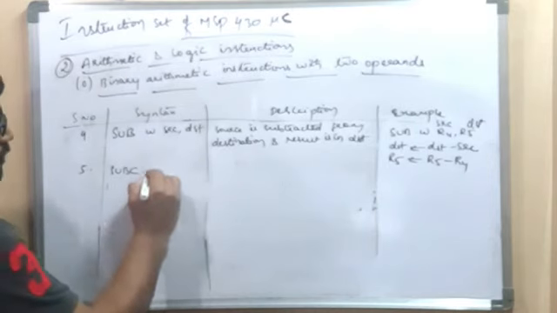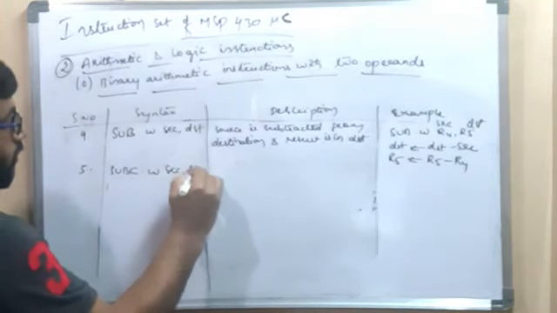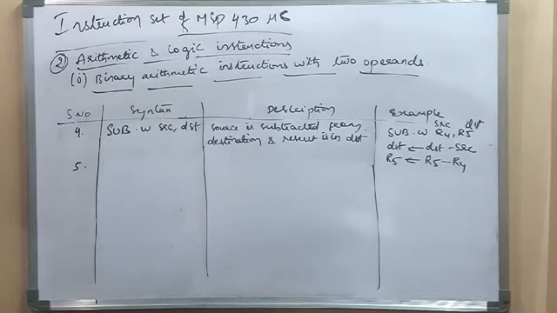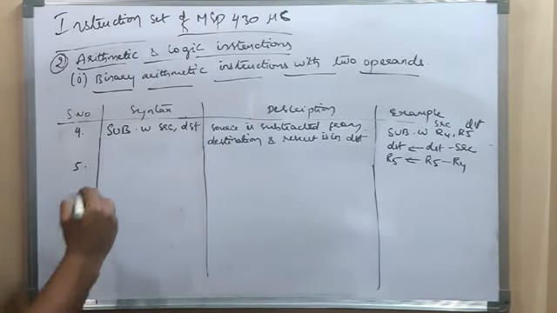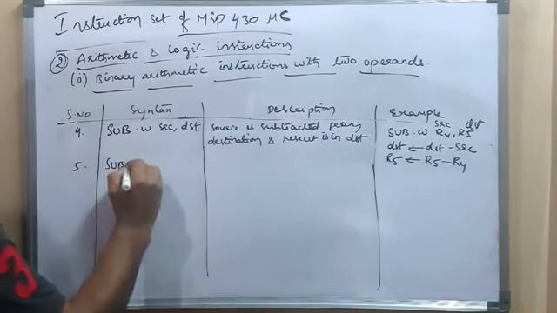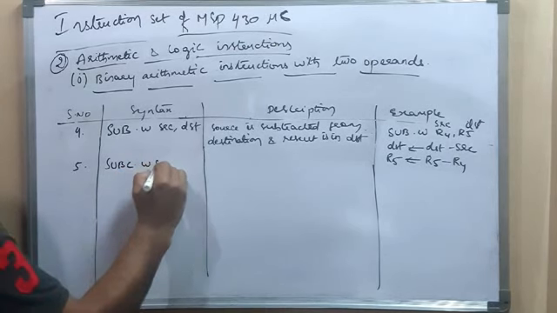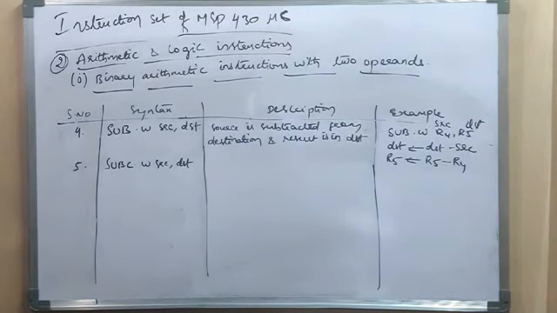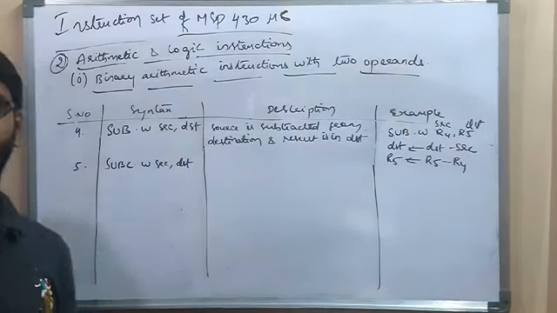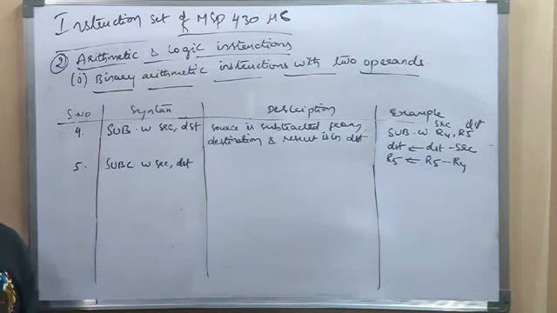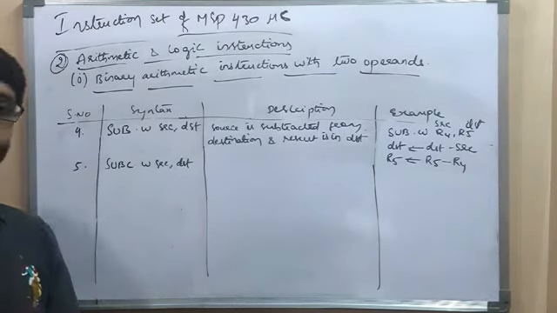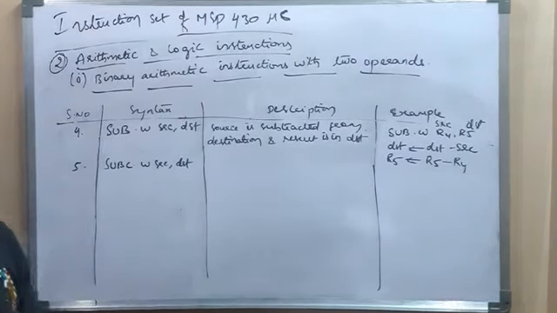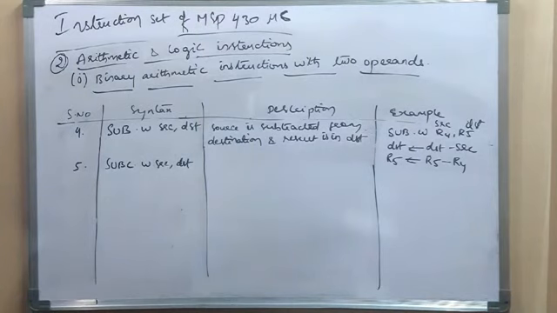Right, the function of this is subtraction with borrow. We call borrow here as carry because we have carry flag, we don't have borrow flag. The carry flag is treated as borrow flag in case of subtraction, right? So there is no separate borrow flag.